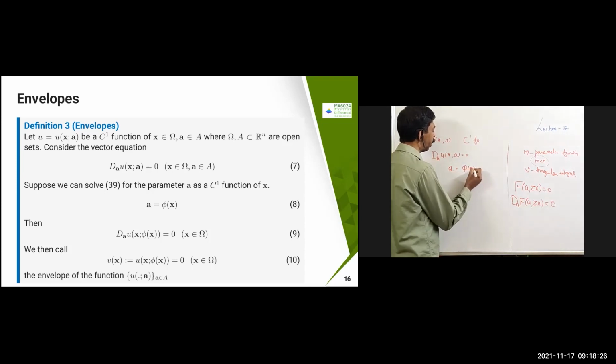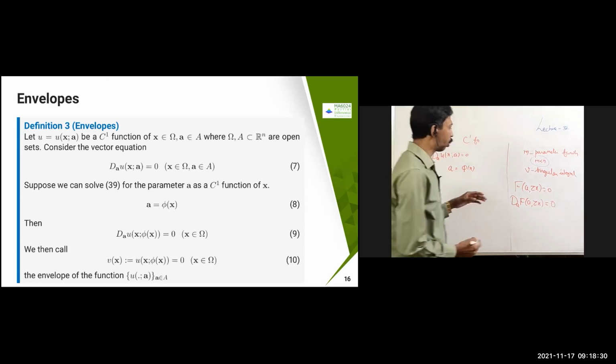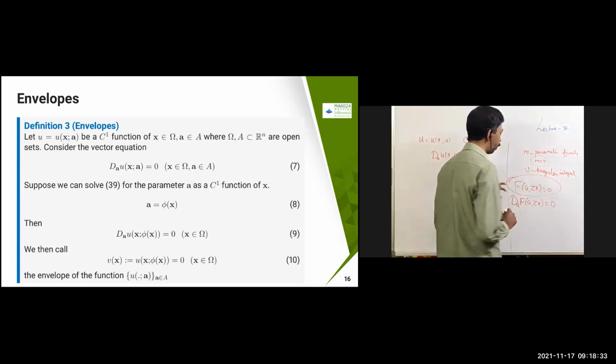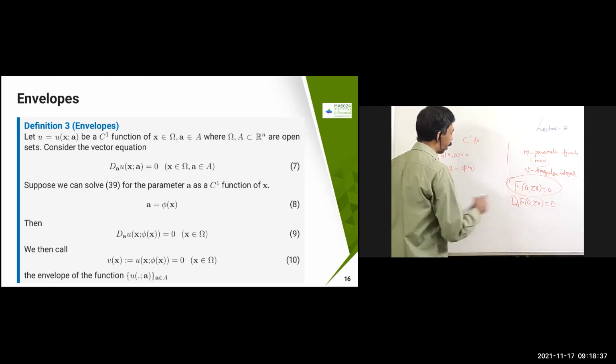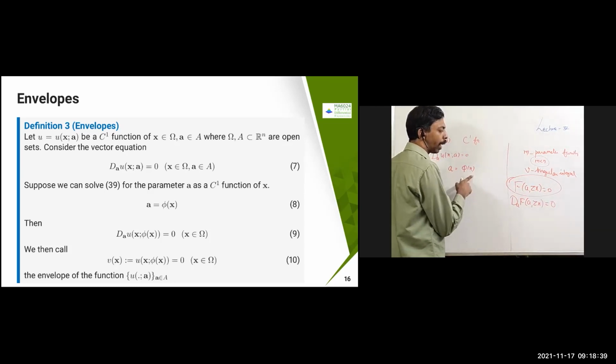So if I solve this, I'm going to write it in terms of x, so a equal to pi of x is going to come.